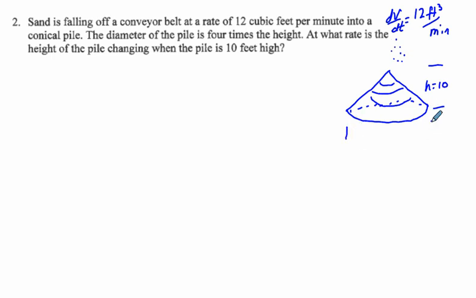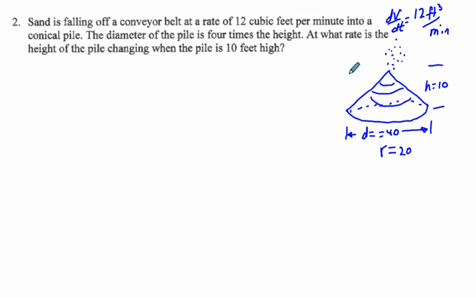Well, if the diameter is 4 times the height, d is equal to 40, because that's going to be 4 times the height, but the radius is going to be half the diameter, or 20 feet. And we want to find, as this pile is having sand added to it, what rate of change is that height of the pile changing?